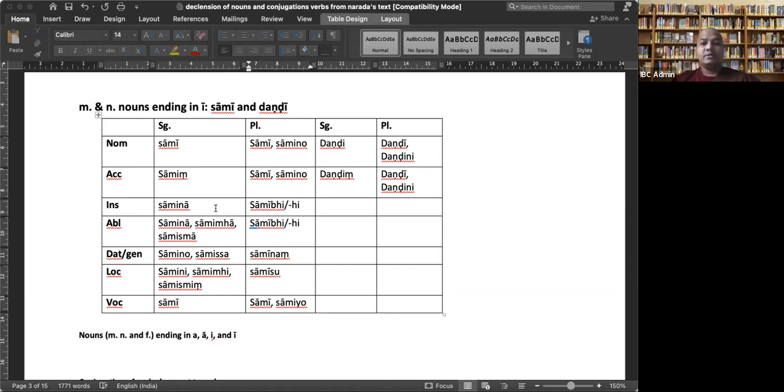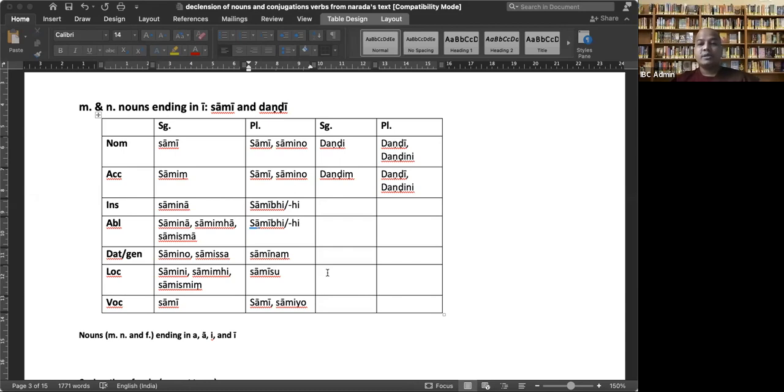And then if we have sufficient time, we will move to the following lesson. So what you see on lesson 10 is the declension of masculine gender nouns ending in long E, the declension of neuter gender nouns ending in long E, and the declension of feminine gender nouns ending in long E.